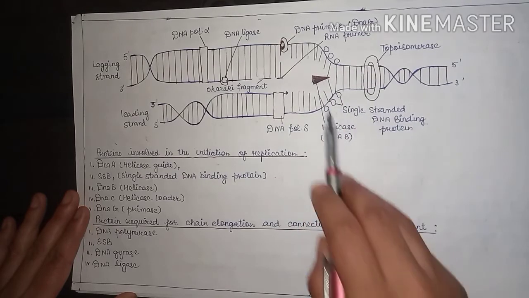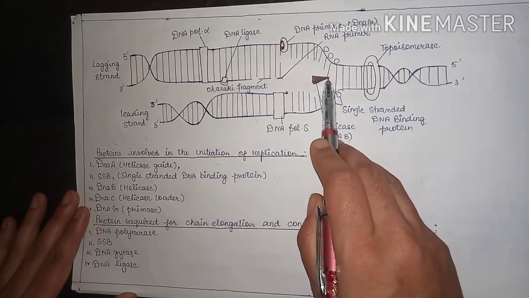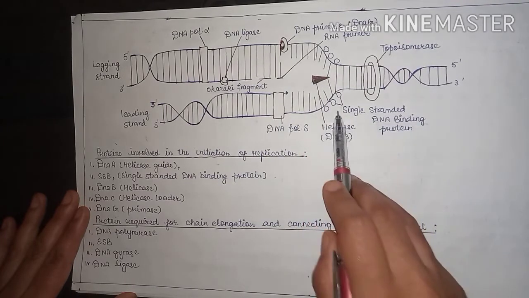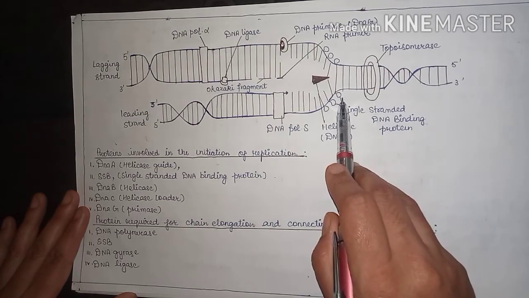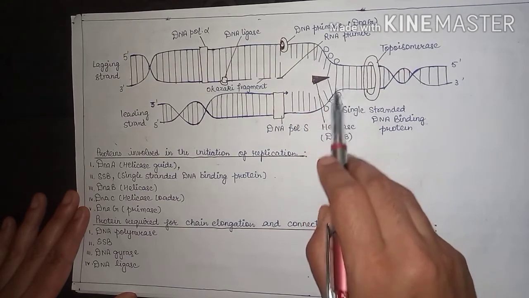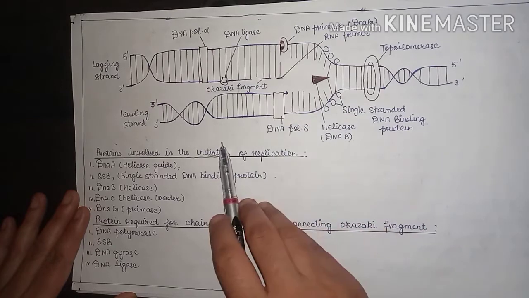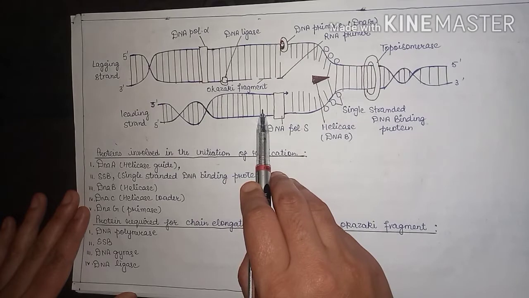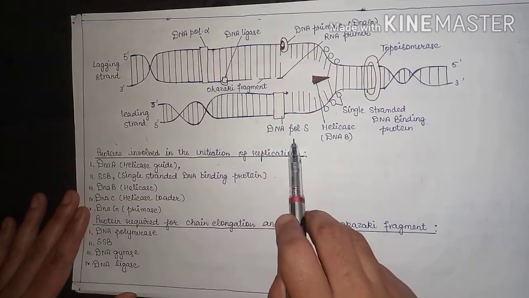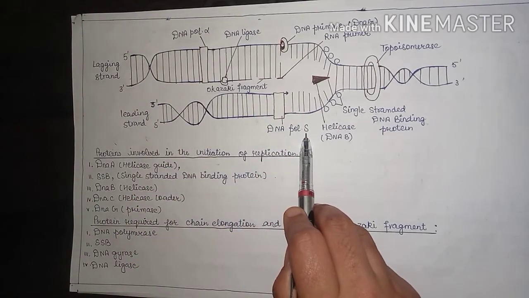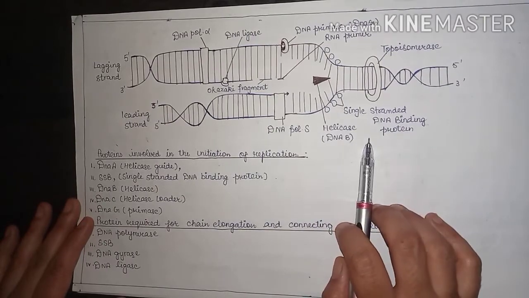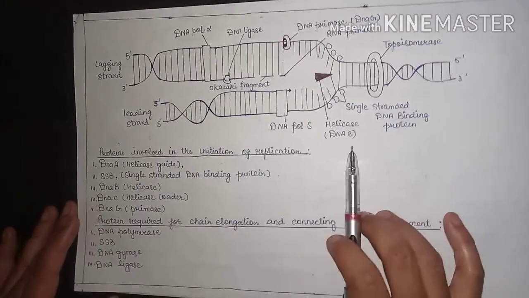After the strand is broken down by the helicase, this single strand DNA binding protein acts here and prevents the strand from recoiling, right? And DNA polymerase delta acts on this strand and leads to the process of replication, right? So these are some of the enzymes which participate in the process of replication.